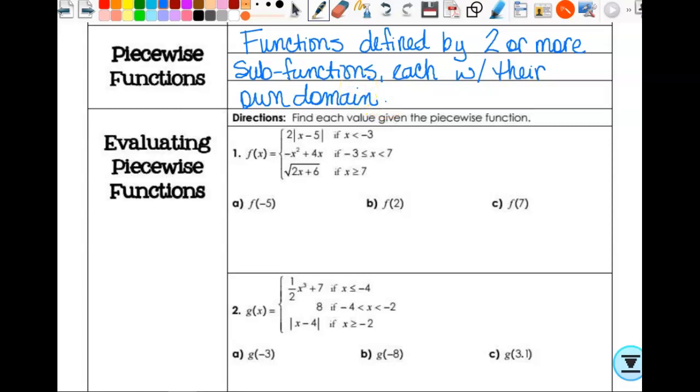So they are functions defined by two or more subfunctions, each with their own domain.